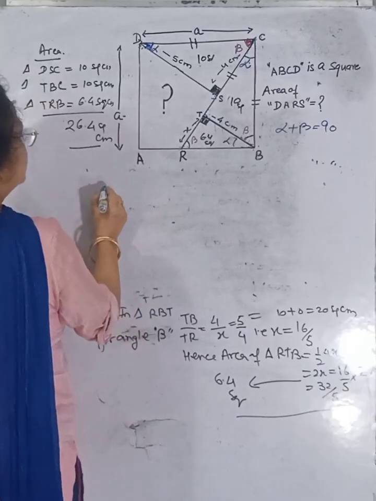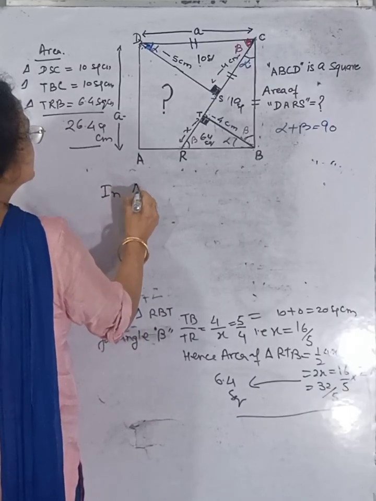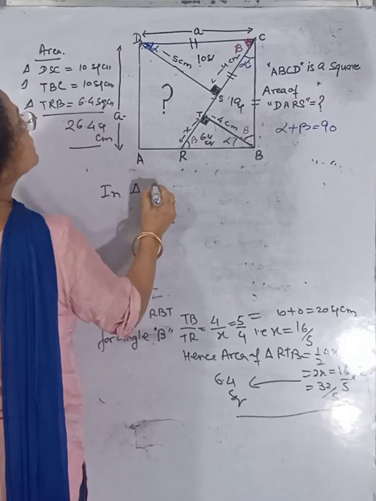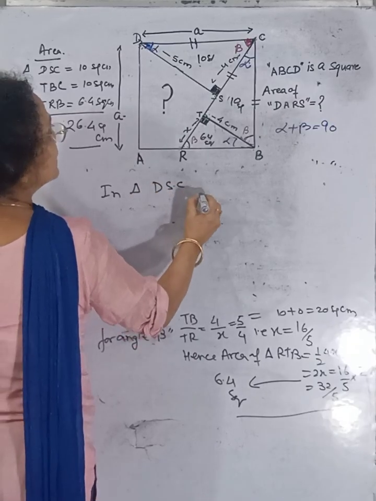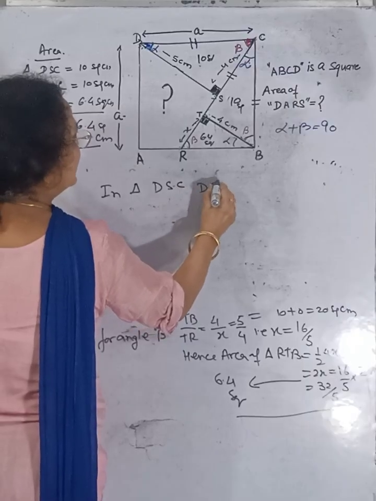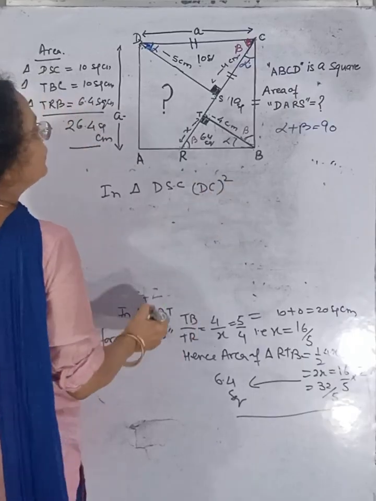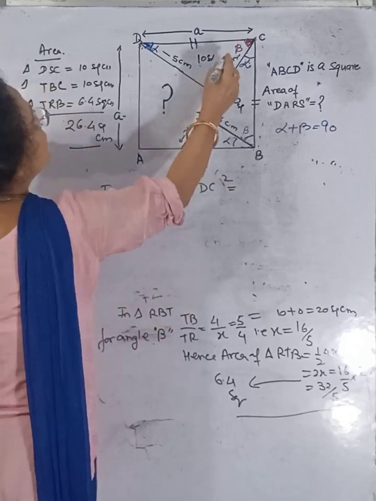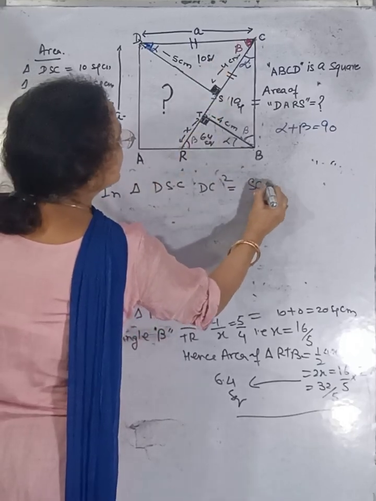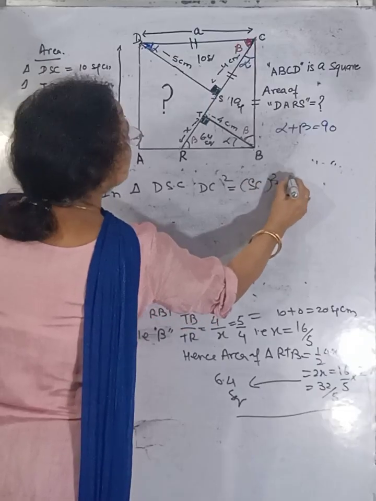Now in triangle DSC, applying the Pythagoras theorem, the square of DC will be equal to SC square plus DS square.